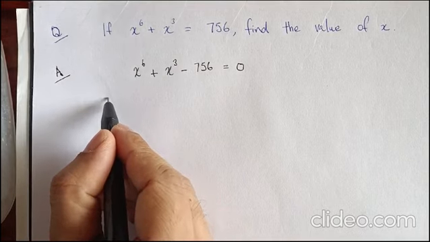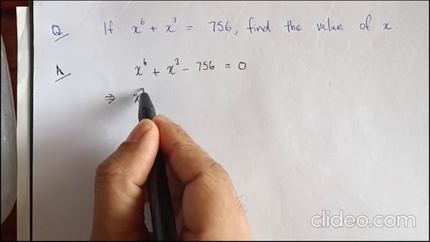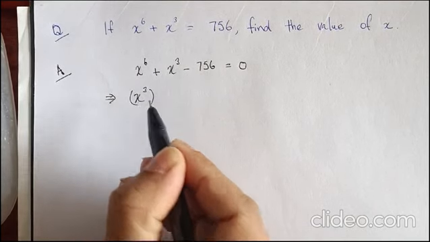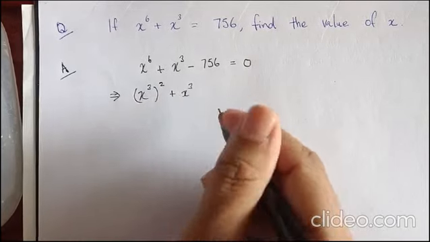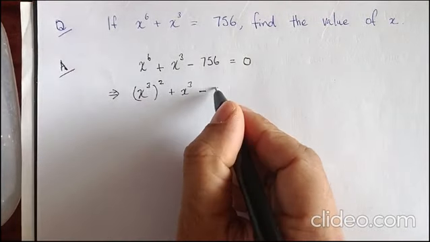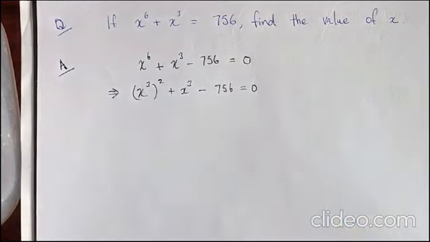Well, our first step is, this implies (x to the power of 3) whole to the power of 2 plus x to the power of 3 minus 756 is equal to 0. Right?